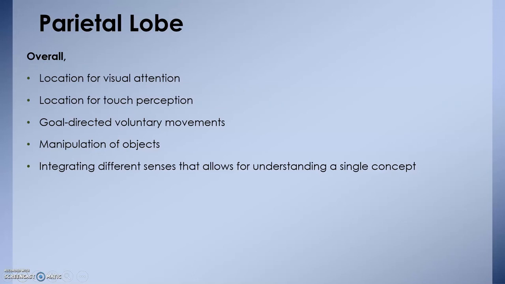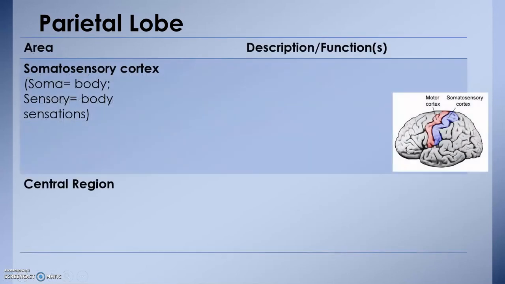So moving forward, there are two important regions of the parietal lobe, the somatosensory cortex and the central region of the parietal lobe. So the somatosensory cortex, soma means body and sensory means sensations. So you're basically talking about bodily sensations.